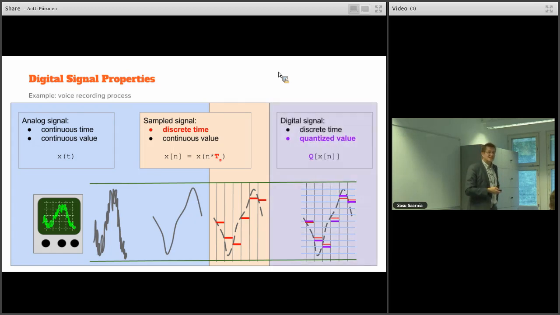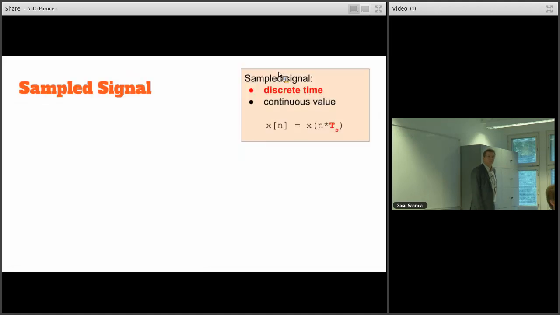And then the digital signal is basically the same as the sampled one, but with quantized value.